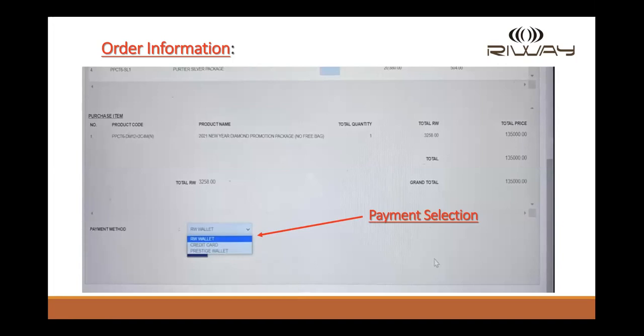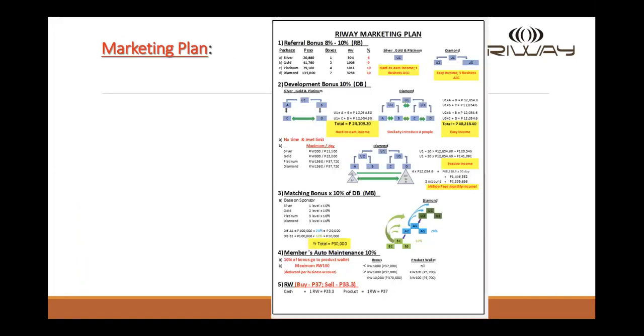And if you have 2 Prestige points, you can use 2 Prestige points to encode 1 diamond entry. All right. But we do not recommend that you use your Prestige points to encode unnecessarily. Because with 50 Prestige points, you can exchange with the company to qualify as a Team Elite Pegasus. Am I clear? Okay. Then we come to the marketing plan.